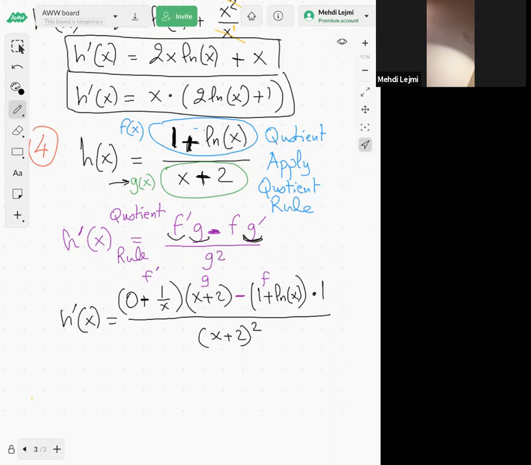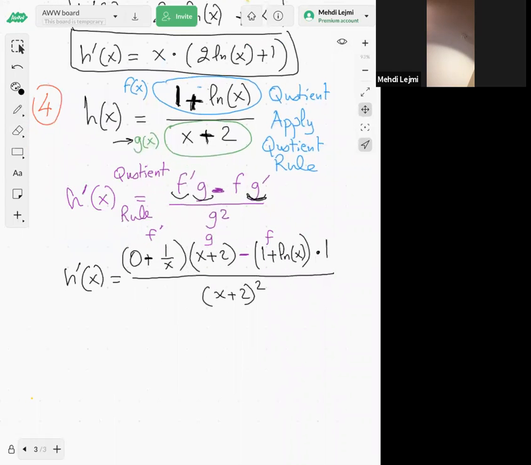Okay, so let's try to simplify this h prime of x. So let's see what happens. The first term is 0. Then 1 over x times x: the x cancels out, x over x is 1.